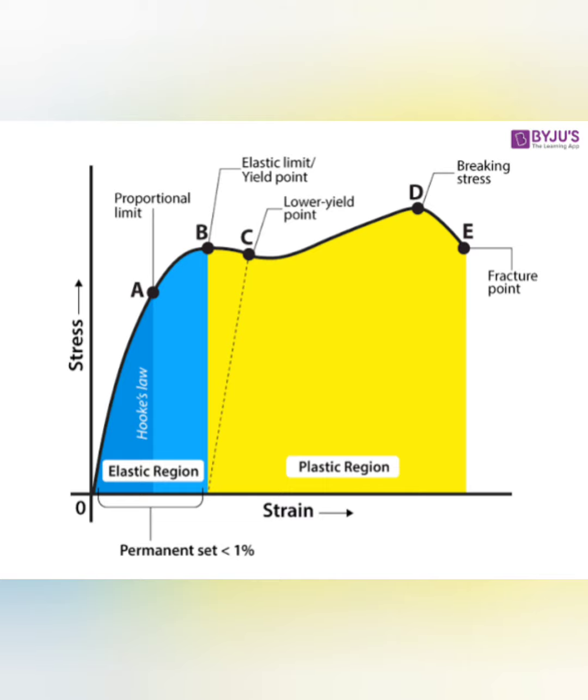Third point, the strain calculated by using the equation small e equals del L by L is also called direct strain, longitudinal strain, axial strain, linear strain or primary strain. So these are some important points regarding stress and strain.